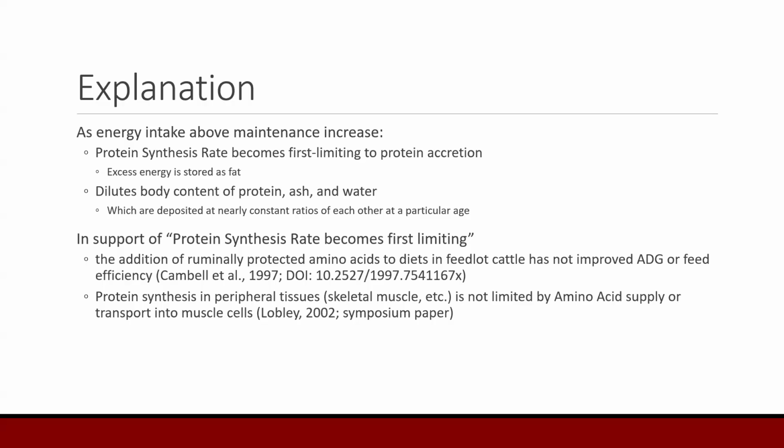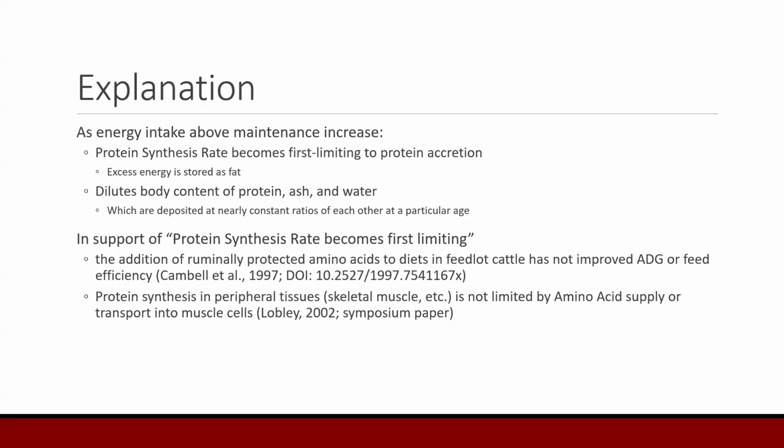Do you think any of those studies are very effective? Do you think that strategy is an effective way to increase lean tissue growth? No. Okay. That's why we don't feed very much rumen protected amino acids in the beef industry.